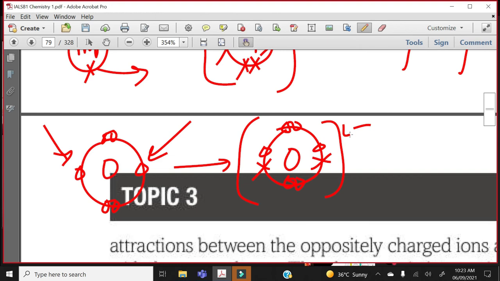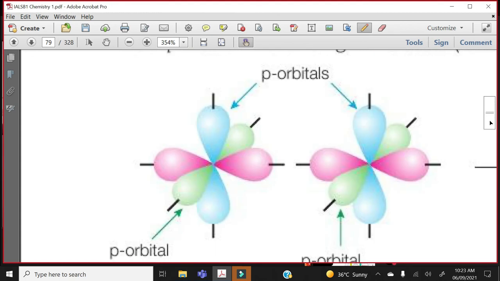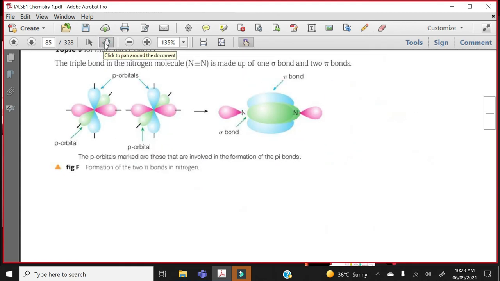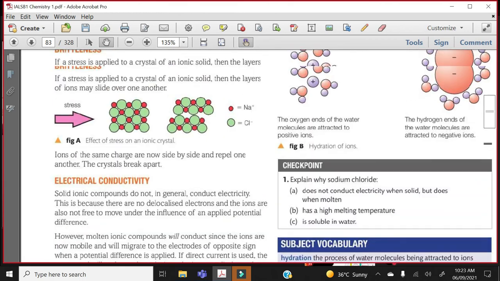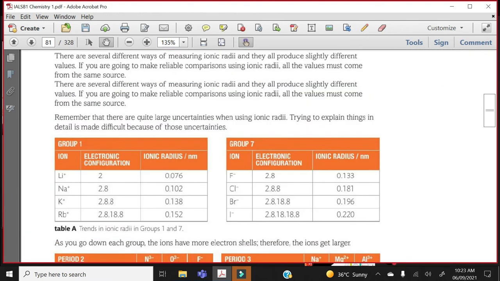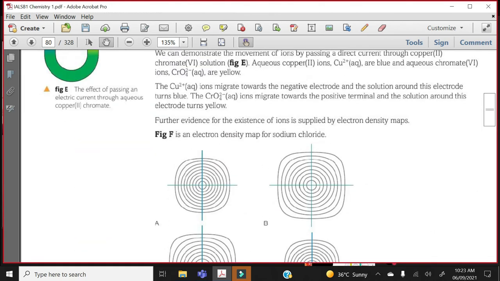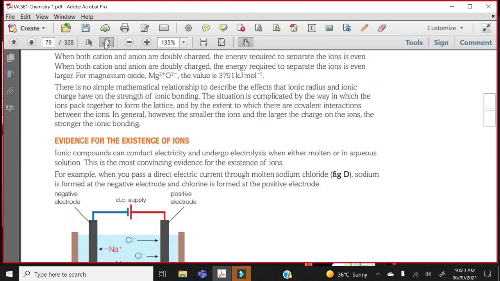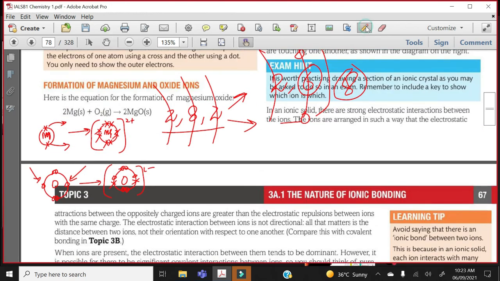In the third step, we are going to bring those ions close to each other. Now I will draw these 2 ions together, bringing them close to each other.